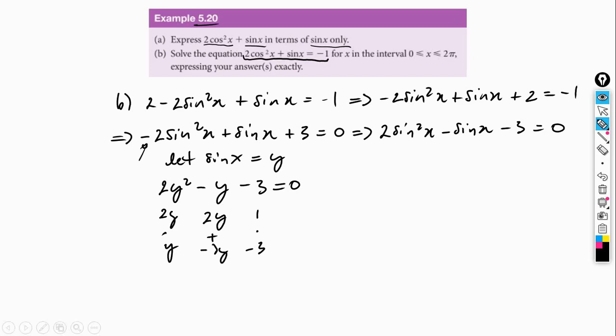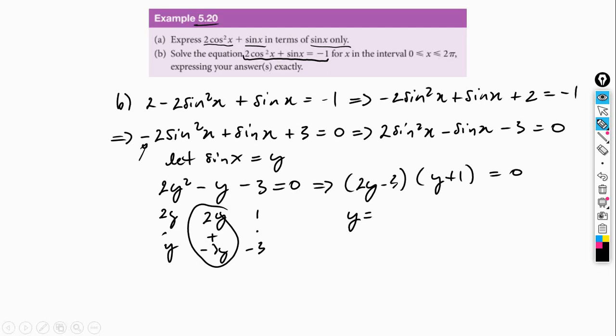And if we add them, we get negative y in the middle, which is what we want. So that means that this is equivalent to 2y minus 3 times y plus 1 is equal to 0. Therefore, y is equal to 3/2, or y is equal to negative 1.